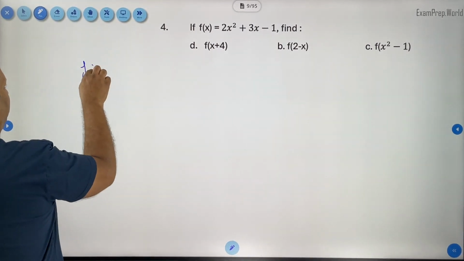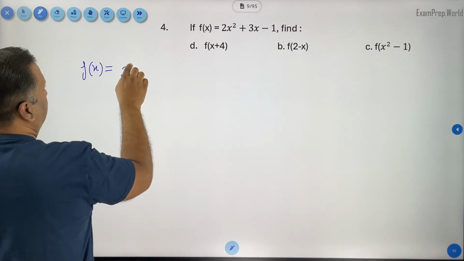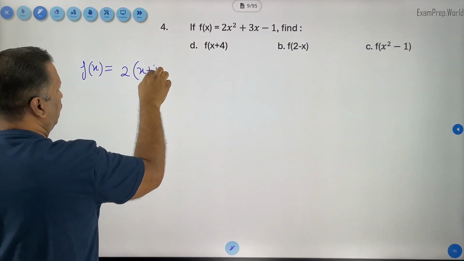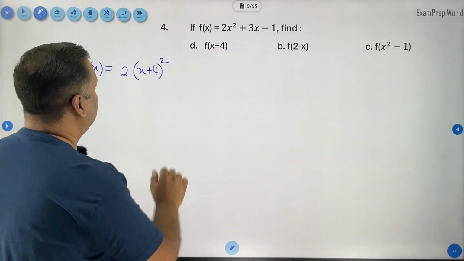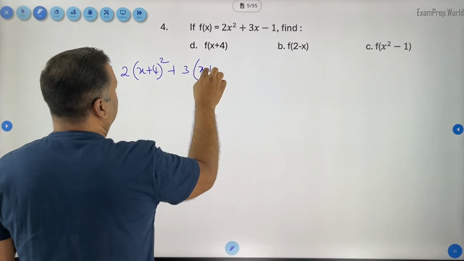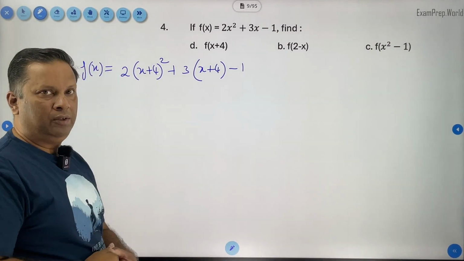So our function is 2 times, instead of x, I am going to input x plus 4, and the square has to be there because it is a square. Okay. Now, what about this? 3 times x plus 4 minus 1. So see what I have done.